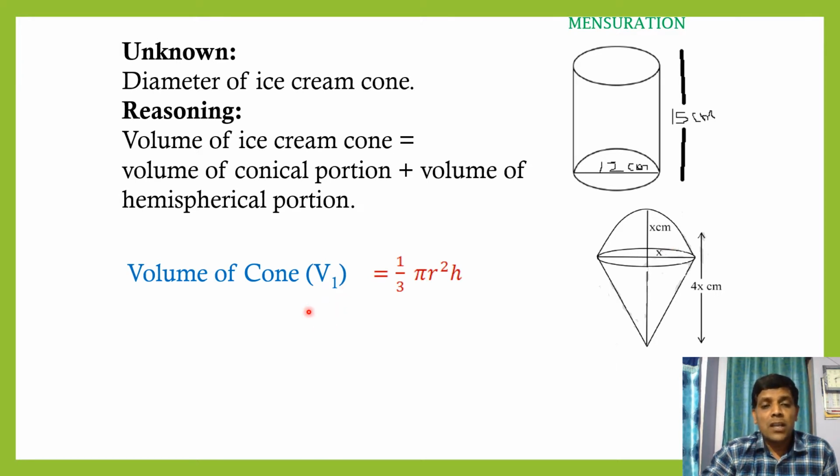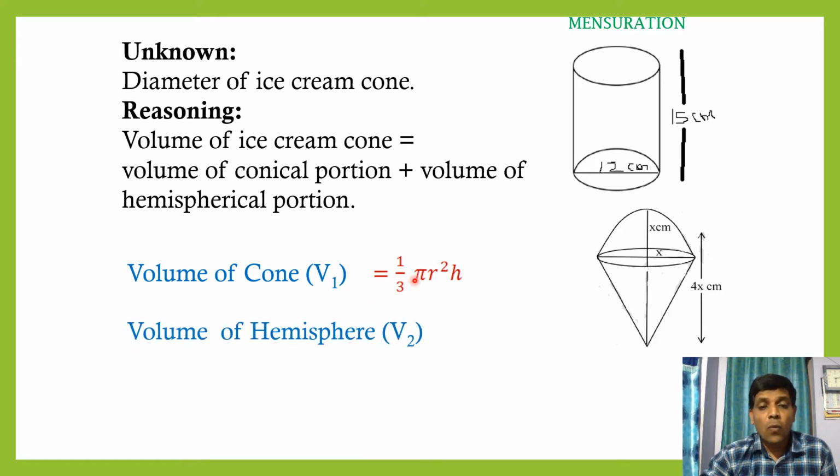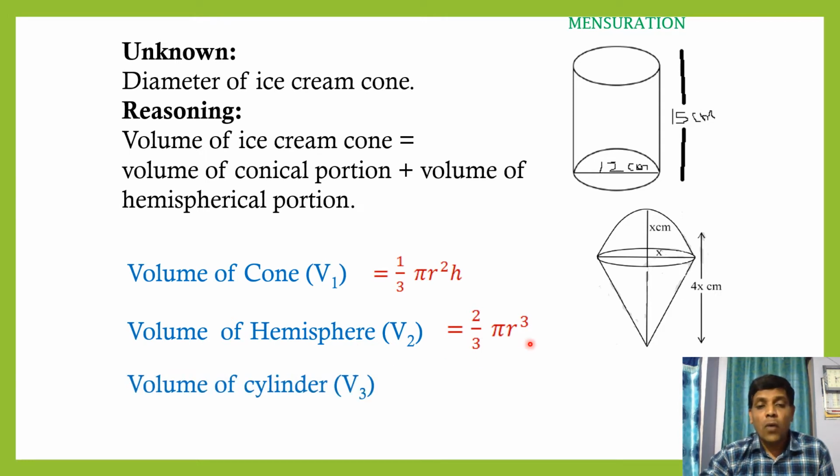Volume of cone V1 equals 1 by 3 pi r square h. Volume of hemisphere V2 equals 2 by 3 pi r cube. Volume of cylinder V3 equals pi r square h.